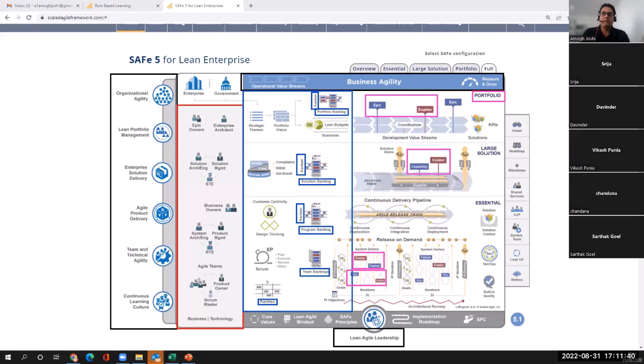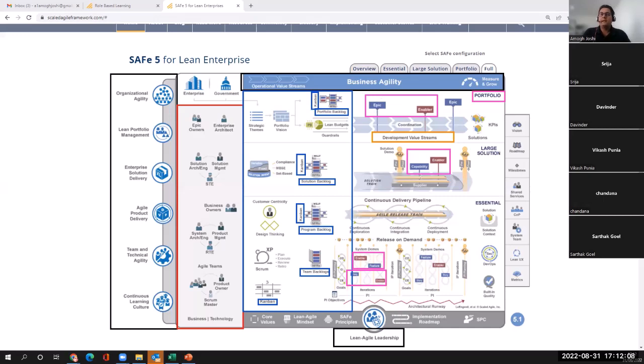At portfolio level, we are organized around development value streams, which are groups of people and steps who deliver solutions which are used by the operational value streams. So this is how people are organized to deliver those epics.